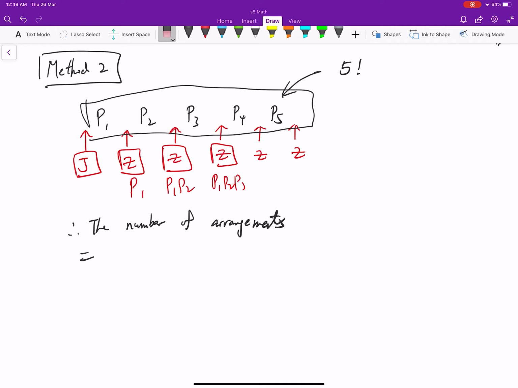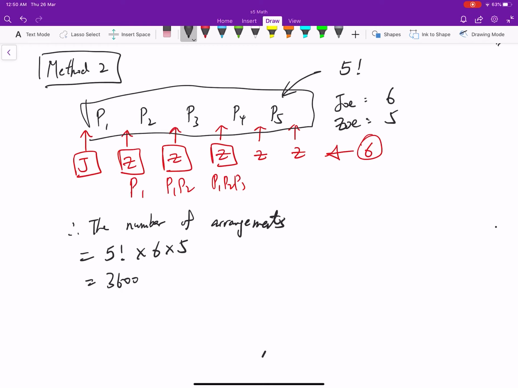Let's consider Joe first. Joe has 6 choices, right? Any one of these 6 places can be Joe. After Joe takes one of the places, Sui still has 5. So we just multiply these numbers together: 5 factorial times 6 times 5. So finally it is 3600.